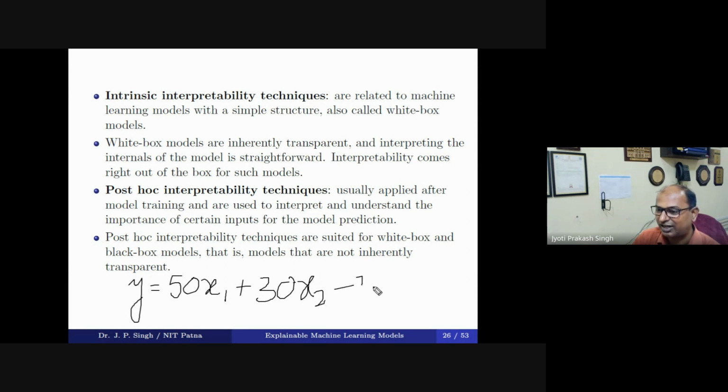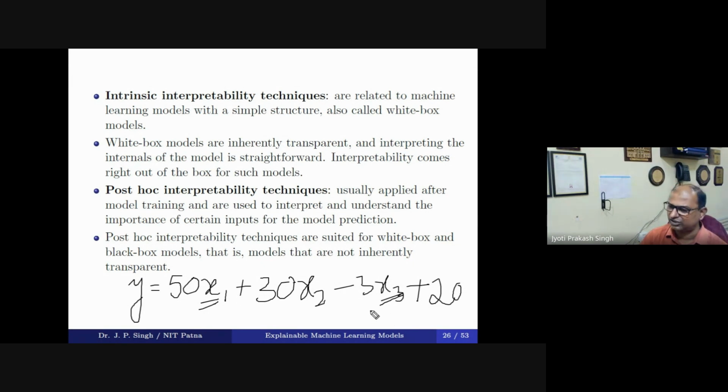Okay, so this is what I had written there. Linear regression looks something like this. All of you have seen this sort of equation: a1 x1 plus a2 x2 plus a3 x3 and so on, plus a0. If we have a linear regression like this, we know that x1 is the most important feature, because whatever the value of x1, it will be multiplied by the most significant number, 50, and the result will be highly dependent on that. x3 is the least significant feature here.